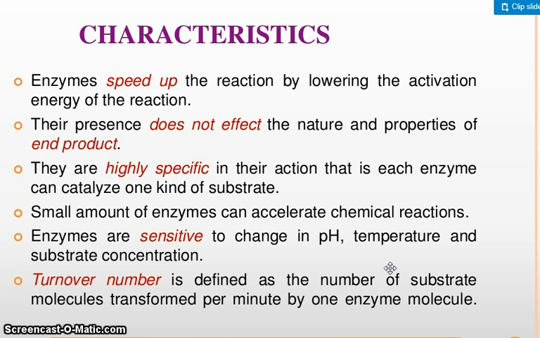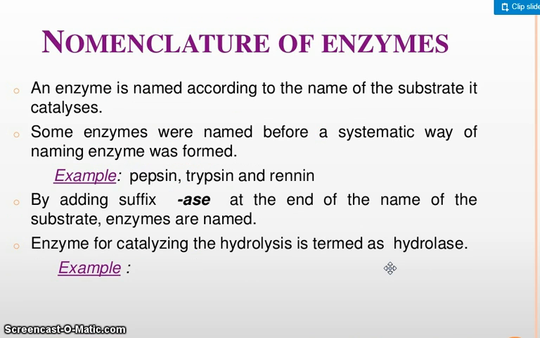A small amount of enzyme can accelerate chemical reactions. Enzymes are sensitive to change in pH, temperature and substrate concentrations. Turnover number is defined as the number of substrate molecules transformed per minute by one enzyme molecule. Catalase turnover number is 6 x 10^6 per minute.